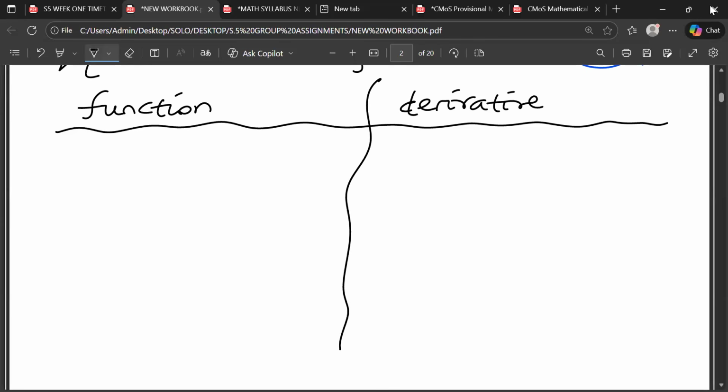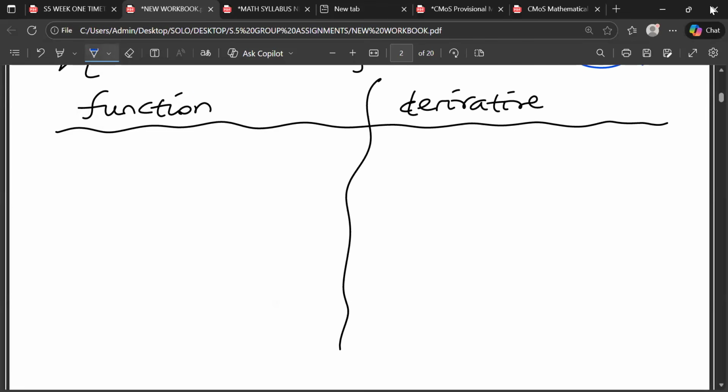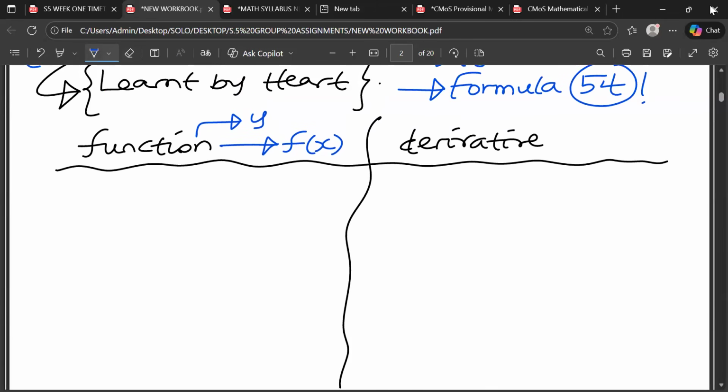I want to remind us, in most cases the function is written as y. In other cases, they write the function as f of x, meaning a function in x. If they use y and y is in terms of x, you all know that the derivative is written as dy by dx.